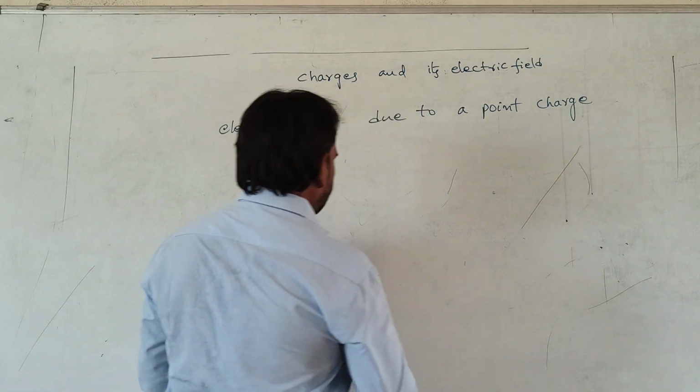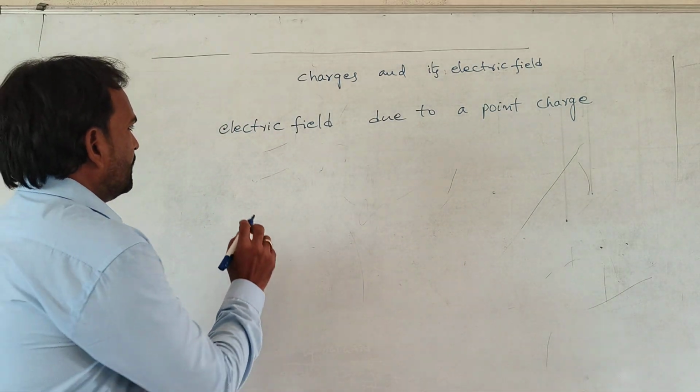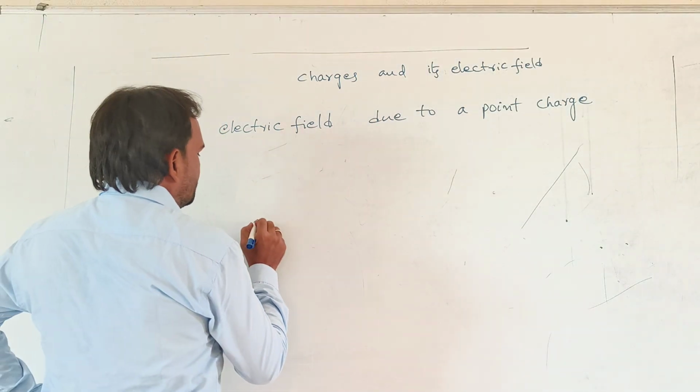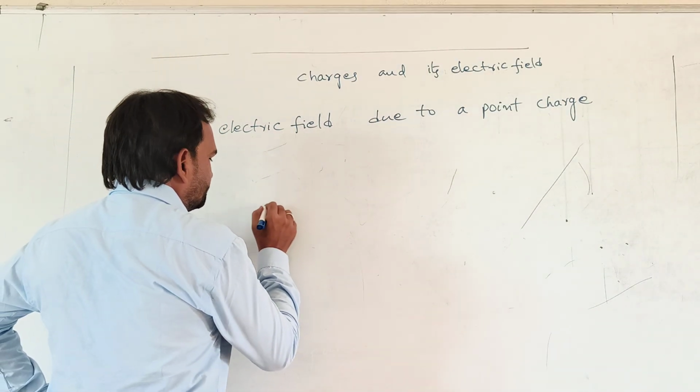Okay, right now, how can you find this electric field due to a point charge? Take one of the charges, take a positive charge.